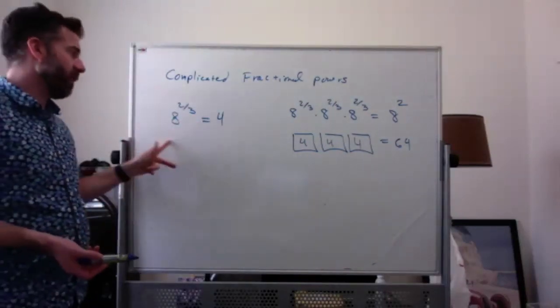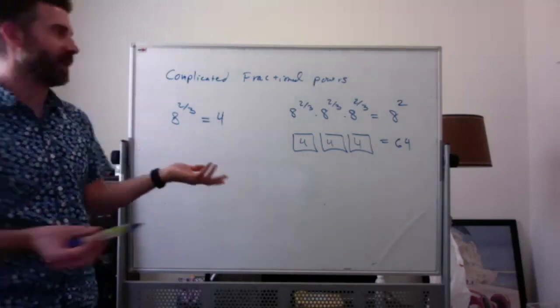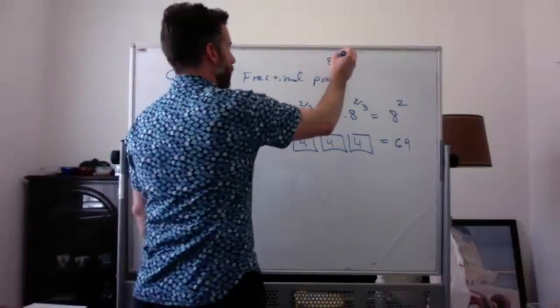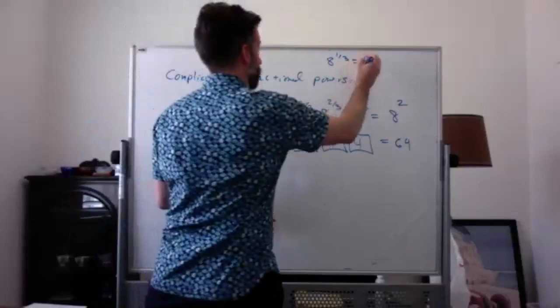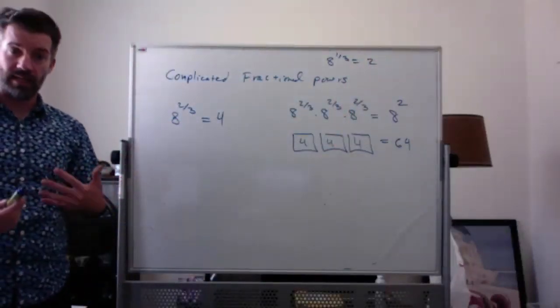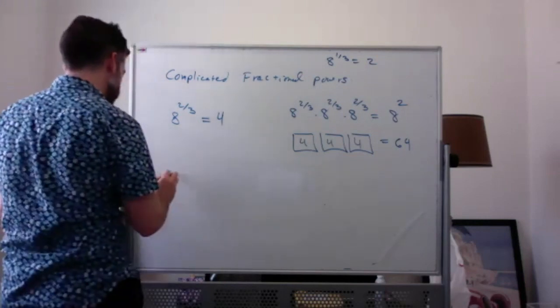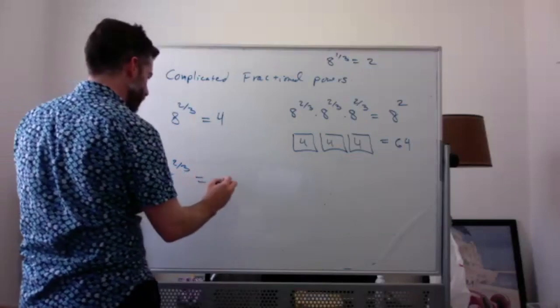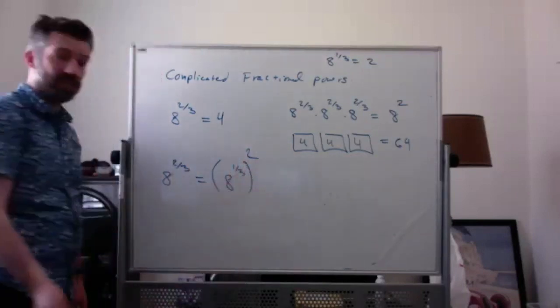Whenever I have a fractional power like this, where the numerator is not 1, like if it was 8 to the 1/3, you would just take the cube root of 8 and get 2. But if it's 8 to the 2/3, I really recommend you write it as a power to a power. So 8 to the 2/3 is equal to 8 to the 1/3 to the 2nd.